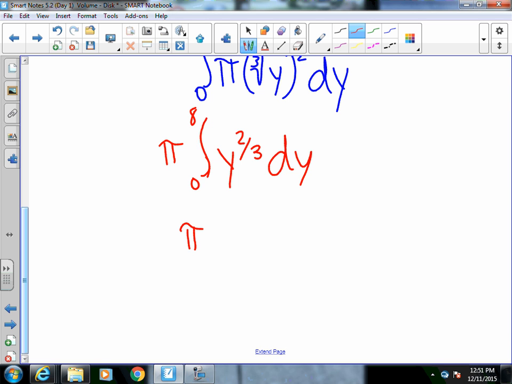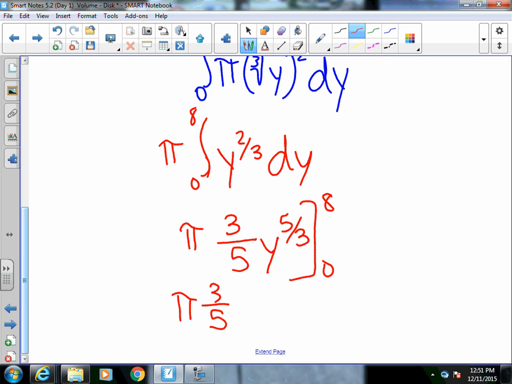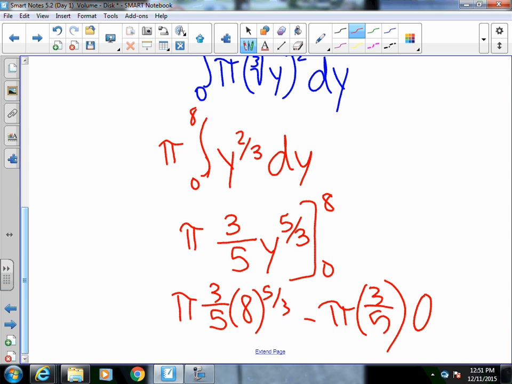Anti-derive. We get 3/5 y to the 5/3 from 0 to 8, which gives us pi times 3/5 times 8 to the 5/3 minus pi times 3/5 times 0 to the 5/3.